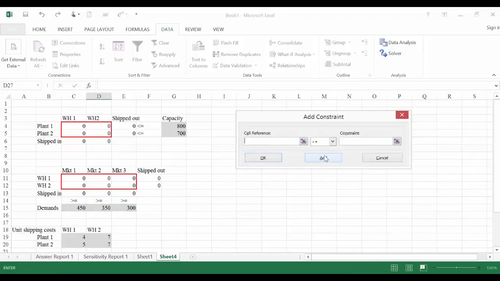And then for the transshipment points, the warehouses or distribution centers, the amount shipped into warehouse 1 should equal, or you can say be larger than or equal to, the amounts shipped out. Again for warehouse 2.